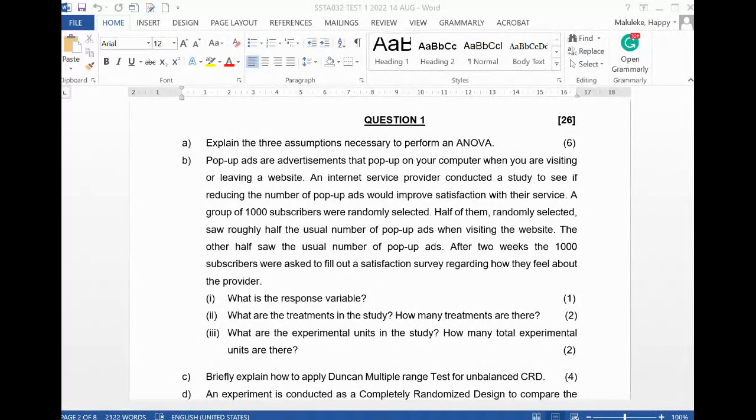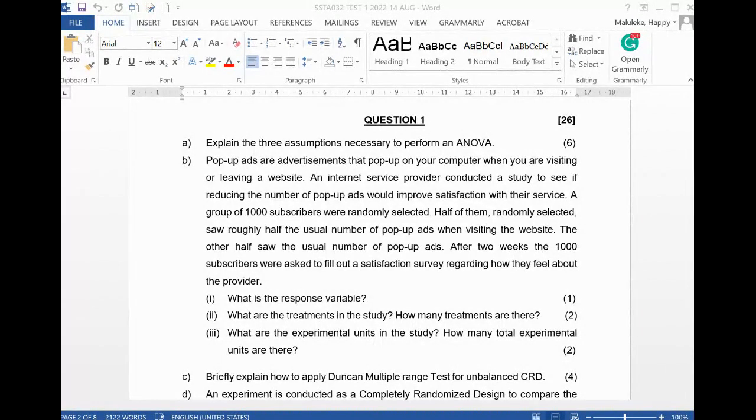If the histogram of errors is giving you a symmetric shape, the histogram is not skewed, it means the normality assumption is not violated. You are explaining how you can check these things. The information is there in, I think, chapter 2, part 4. You can go and check it. I think you'll find all this information.